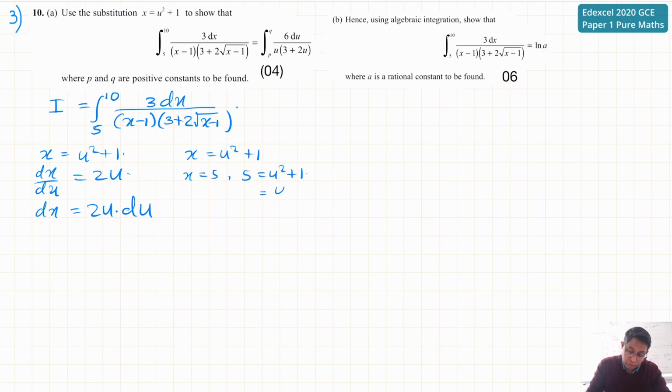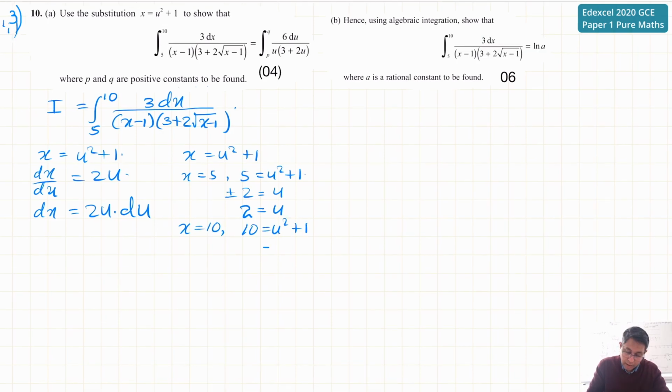This gives us u as plus or minus 2, but we have to take the positive value. Therefore, lower limit u equal to positive 2. Substitute x equal 10 to find the upper limit. And this gives us u as plus or minus 3, but we have to take the positive value, that's 3.